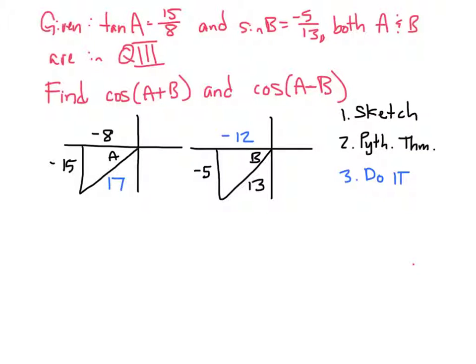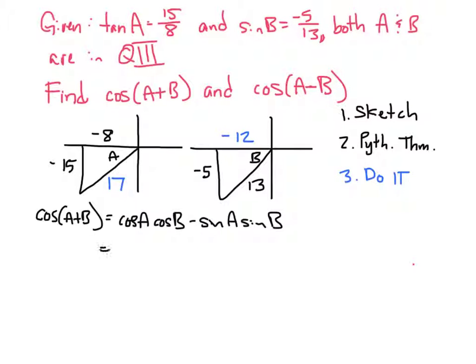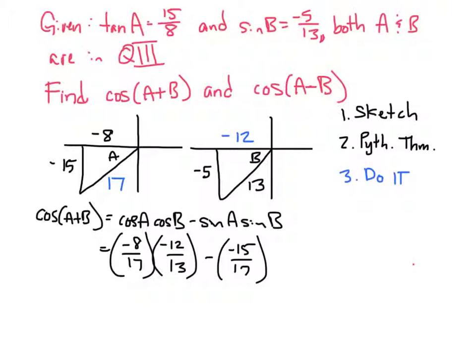So the cosine of A plus B. Remember that that's just the cosine of A times the cosine of B minus the sine of A times the sine of B. The cosine of A would be the adjacent over the hypotenuse for angle A. So that's negative 8 over 17 times the cosine of angle B, which is negative 12 over 13, minus the sine of angle A, so negative 15 over 17, times the sine of angle B, which was given to us, negative 5 over 13.